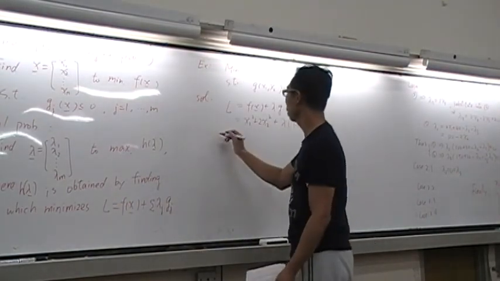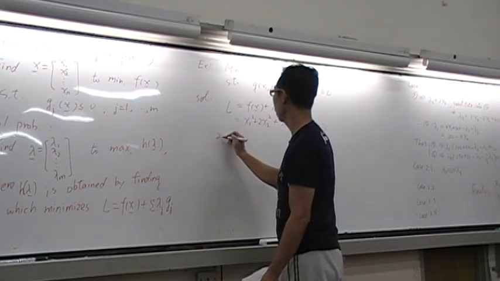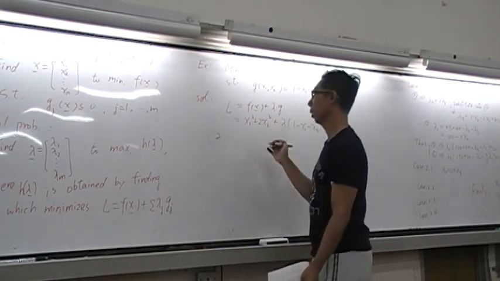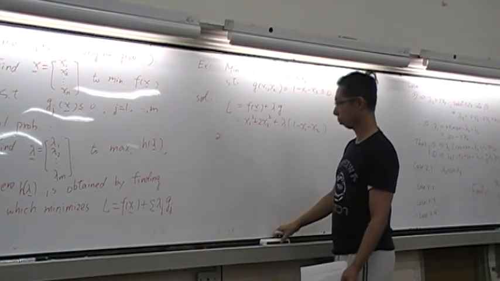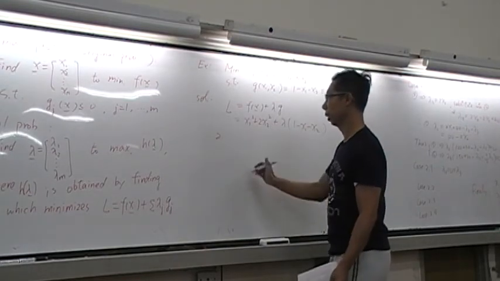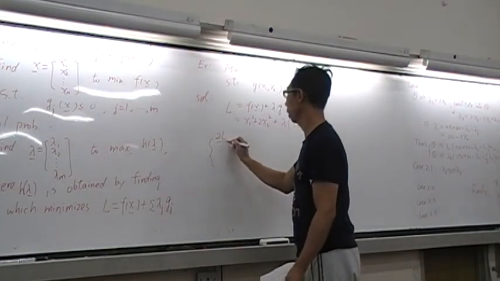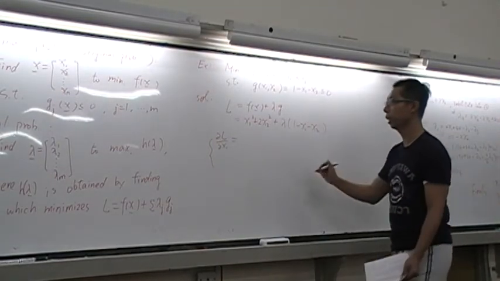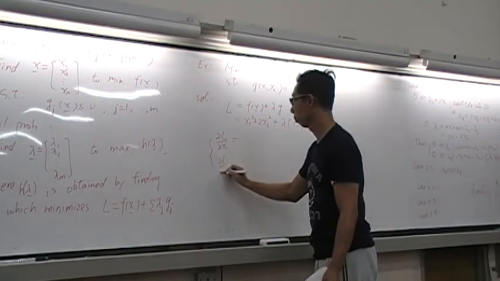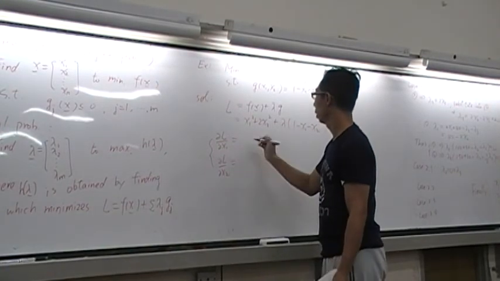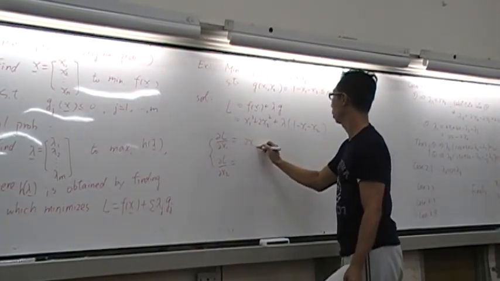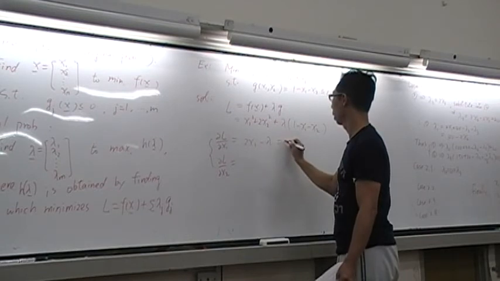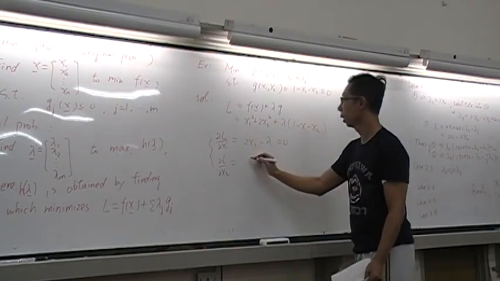So this means that we can use the necessary conditions. Let's take the partial derivative with respect to x1 and x2. 2x1 minus lambda, and set that to be 0.